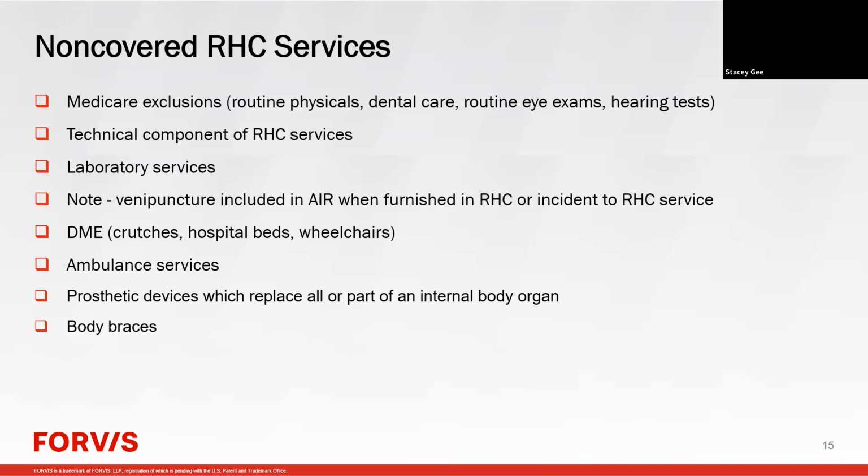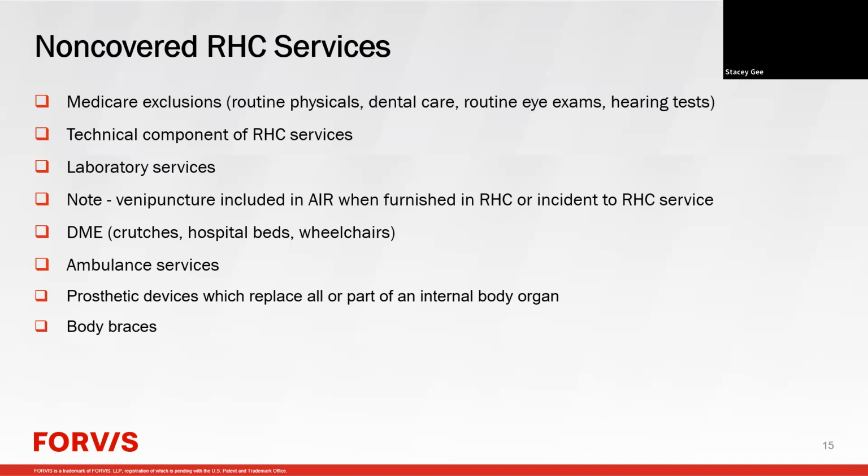Venipuncture is included with your AIR payment rate, which is your all-inclusive rate, when it's furnished in the RHC setting, or it's incident to the RHC service that was provided. We know that DME, crutches, hospital beds, wheelchairs, all of that, those are non-covered. You really have to be enrolled and signed up as a DME provider to even get reimbursement, which falls outside the RHC eligibility.